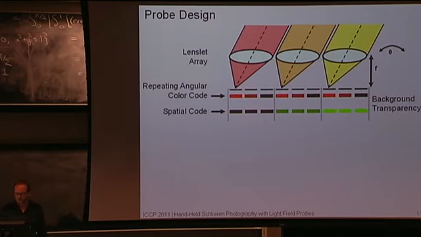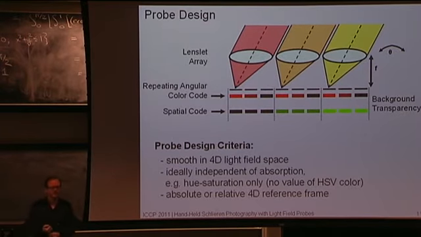The design criteria for the light fields that we've identified for these applications are: one, the color or intensity distribution should be smooth in the 4D space so that we can calibrate or account for slight miscalibrations in the actual manufacturing process.